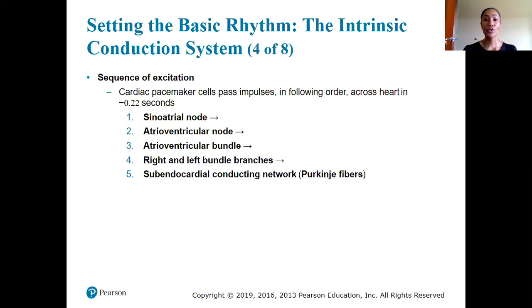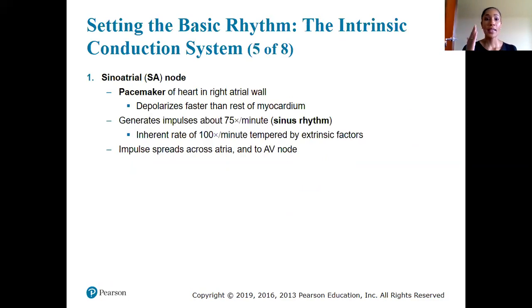Then we're going to go to the atrioventricular bundle, the right and left bundle branches, and then lastly through the Purkinje fibers. And so the pacemaker of the heart is what we call the sinoatrial node, or the SA node. And it's found in the right atrial wall. It will depolarize faster than the rest of the myocardium. So that's why we call it the pacemaker of the heart. It's going to generate about 75 impulses a minute, which is going to basically be our resting heart rate.